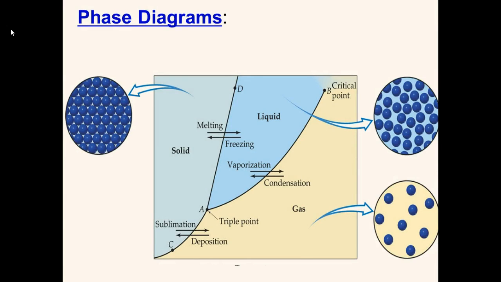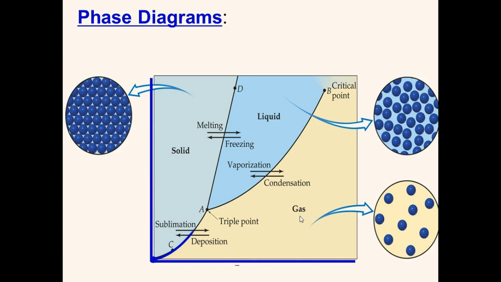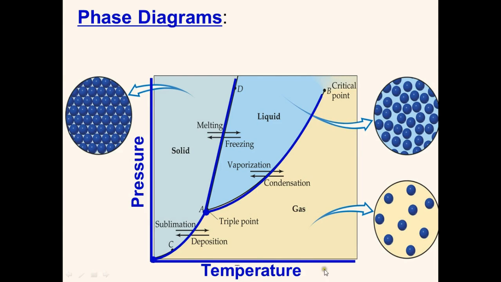And so, here is a picture of a phase diagram, and notice how it shows the three phases: solids, liquids, and gases here. And so here we have temperature on the x-axis and pressure on the y-axis.